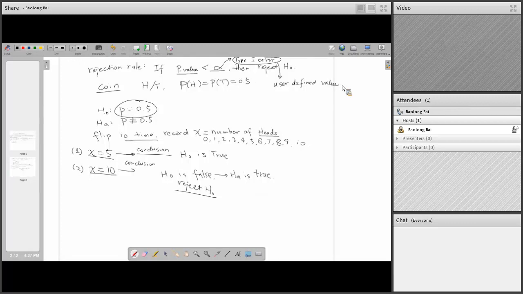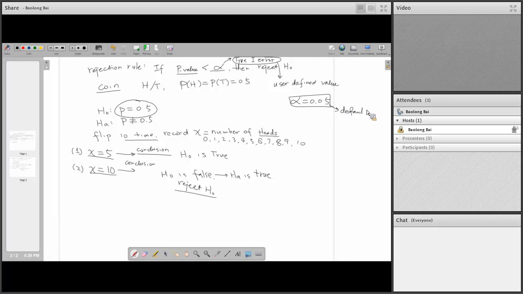But most of the time, we want to have a small alpha, right? Because we want to have a smaller p to reject the null. But how small is small enough? The most commonly used alpha is 0.05. So 0.05 will be our default value.